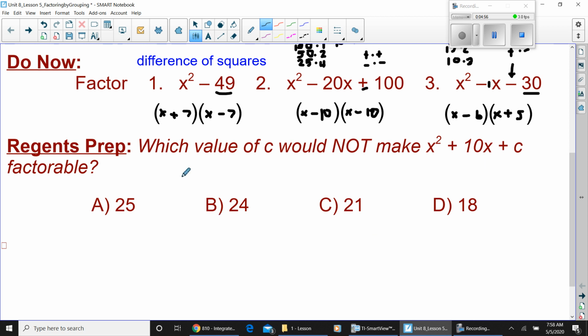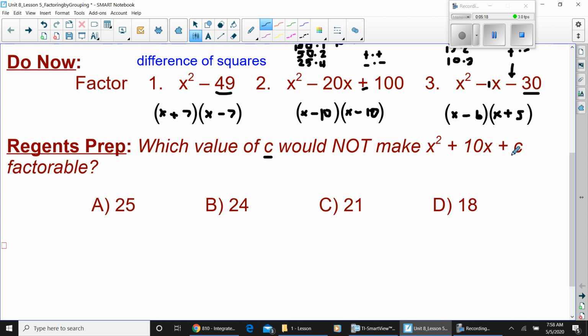Which value of c would not make x squared plus 10x plus c factorable? The way I would do this is to substitute each one of these numbers and try to factor it.